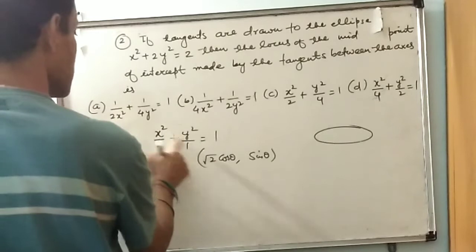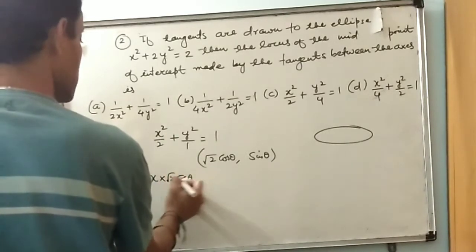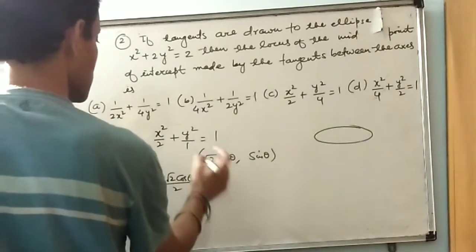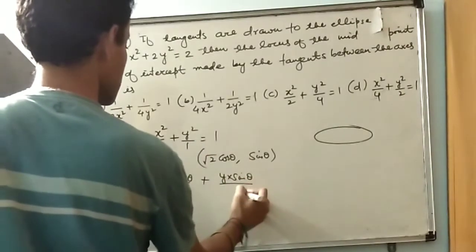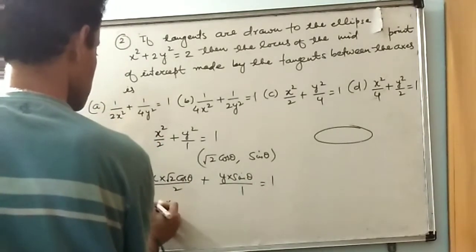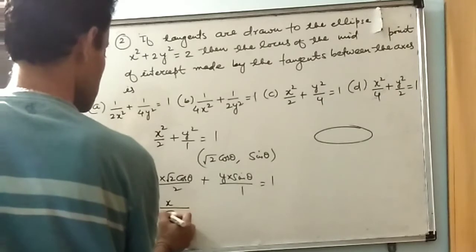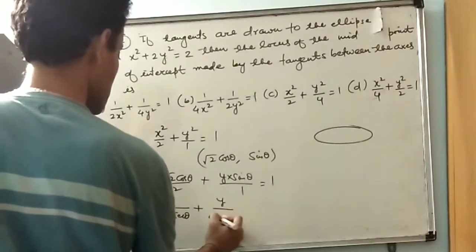So this will be x into x1, that is x into root 2 cos theta divided by 2, plus y into y1, that is y into sin theta divided by 1, is equal to 1. That gives us x upon root 2 sec theta plus y upon cosec theta.